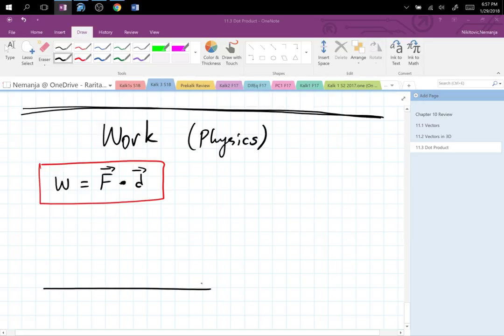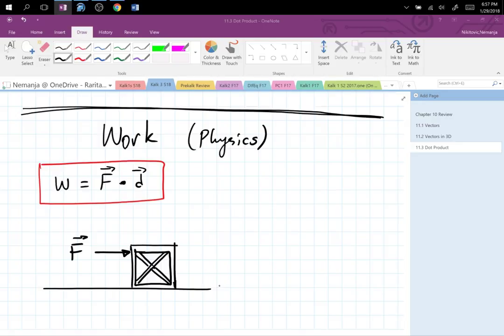So now you have the Mother Earth and you have the crate. And now you push that crate with the force F. Now if we ignore friction and all the other cool things that you can add to this, you know that this crate is going to move. Now you can't ignore friction and other things.